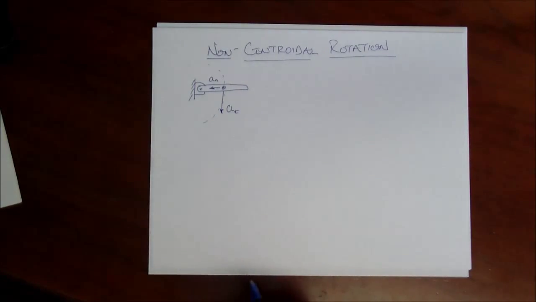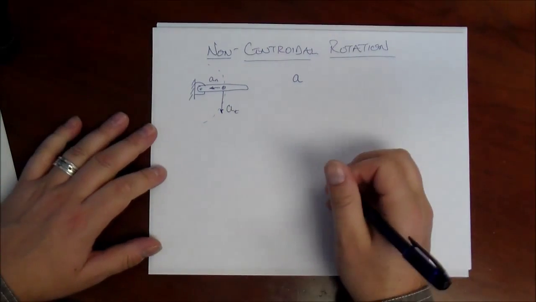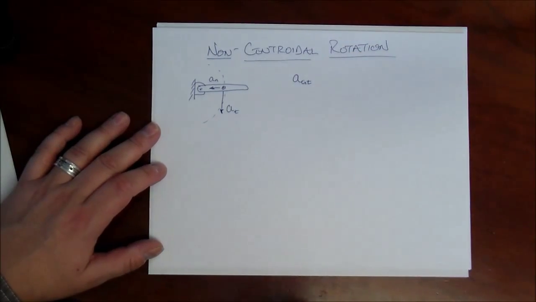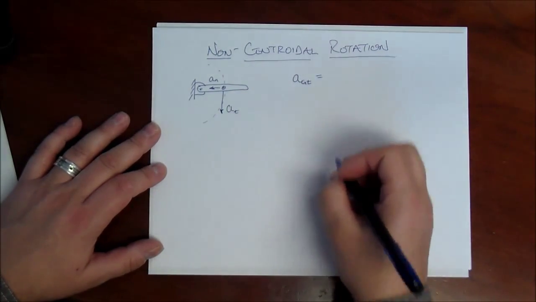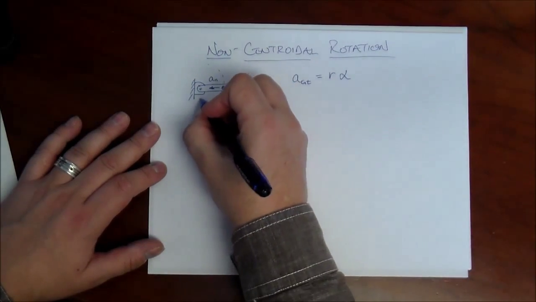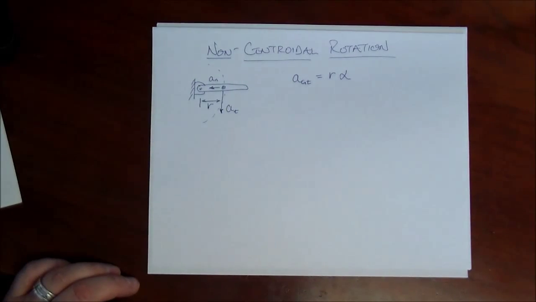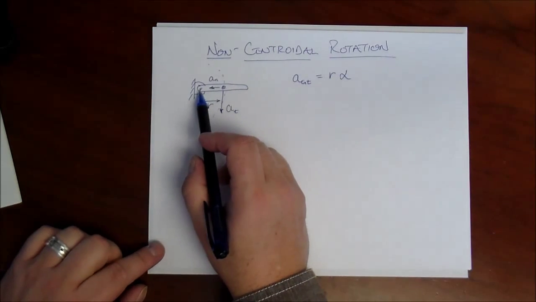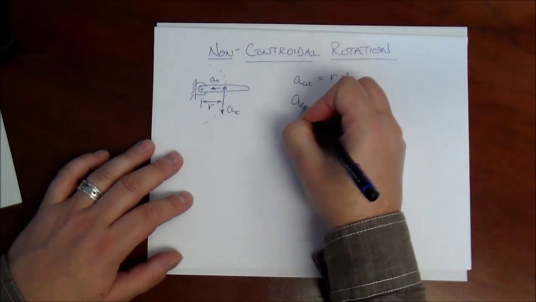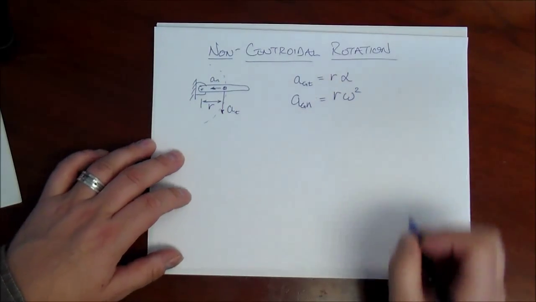And the constraint tells us that the acceleration of, and again, this is the acceleration of the mass center, very important, so let's write it this way, acceleration of G_t, just to highlight that fact, is going to be equal to r times alpha. Now r is the distance between the constrained point, the point about which it rotates, and the mass center. And then the acceleration of G in the normal direction is equal to r times omega squared.